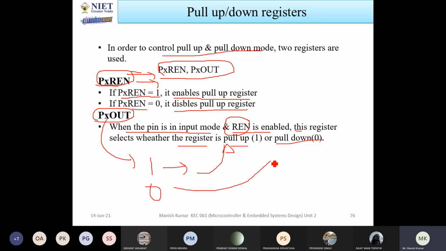If it is 0, you are going to use pull-down resistors. Before that, you have to enable the registers. Remember that. Without enabling the registers, you can't use the pull-up and pull-down resistors.